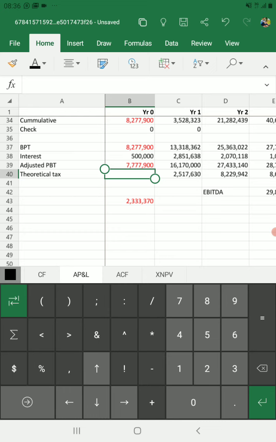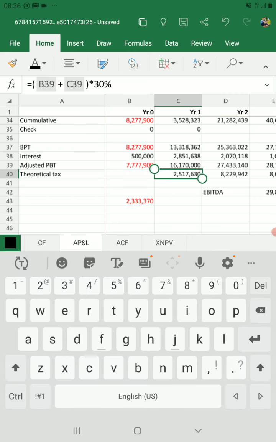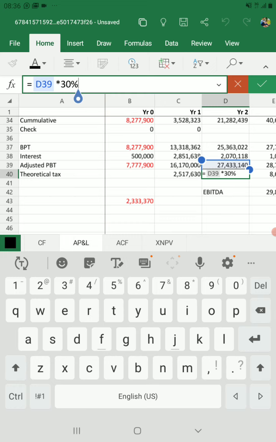But let's say we still have to calculate theoretical tax, and instead of absorbing the loss first in order to charge tax, let us use the formula used in year 2, which is simply the adjusted figure: take profit before tax, add back interest, and then multiply the total figure by 30% to arrive at theoretical tax.